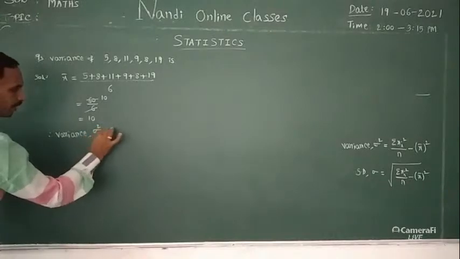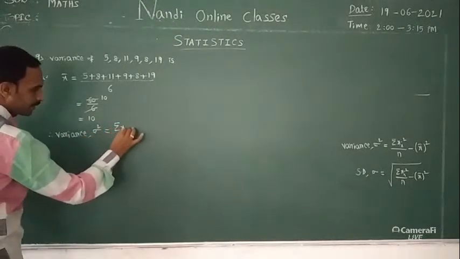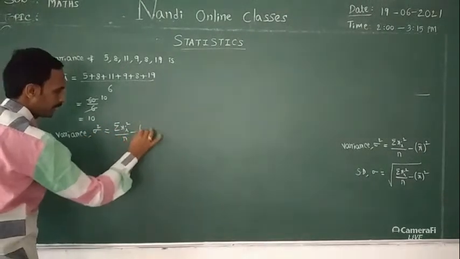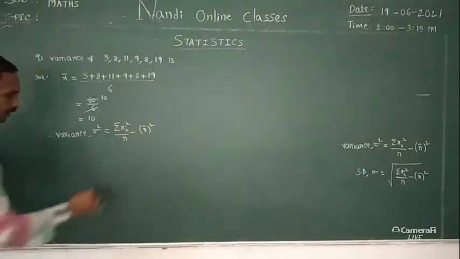Now variance, denoted by sigma square. Formula: summation xi square by n minus x bar whole square.